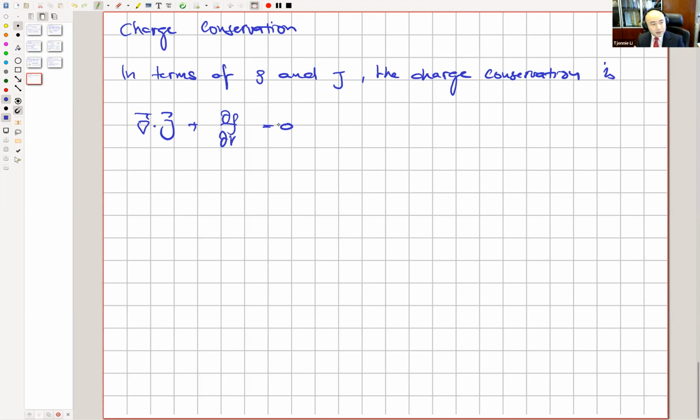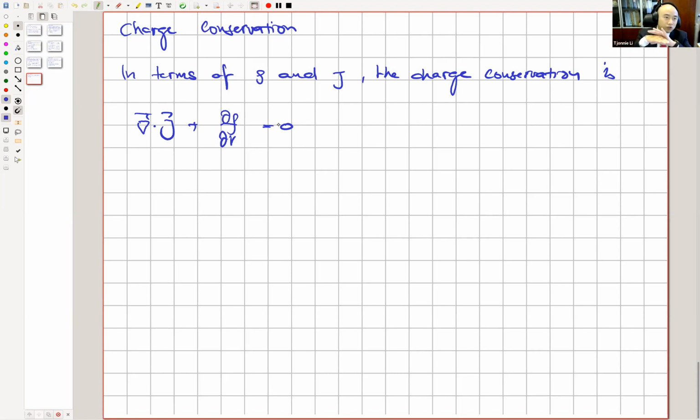This is something that must hold independent of whether we talk about static fields or time-dependent fields. This equation simply states that any charge that leaves the surface, that's what the divergence basically says. J is the current density, the stream of charge, and if something leaves the surface, it has to have a divergence.